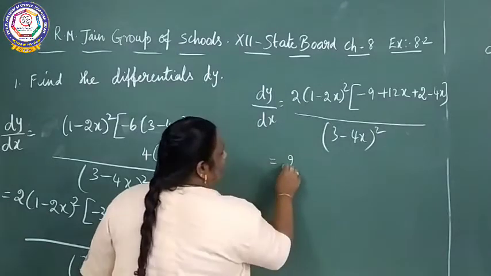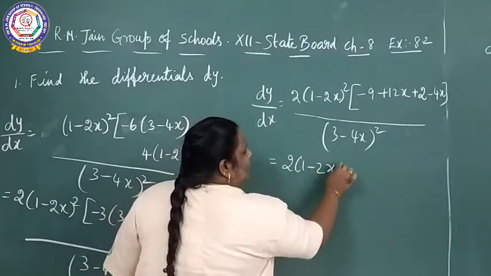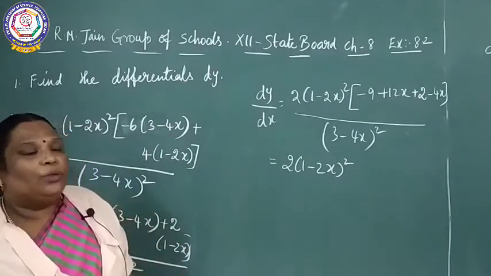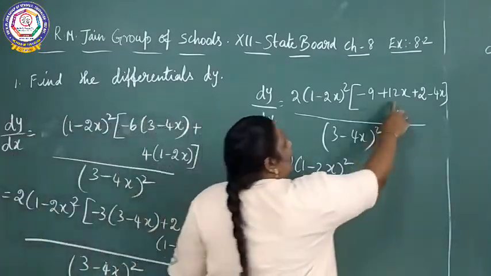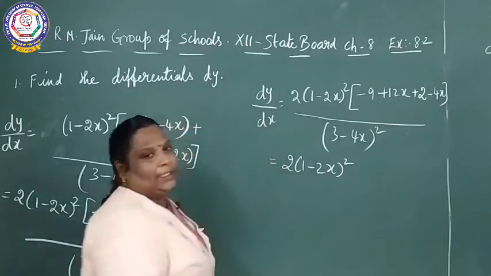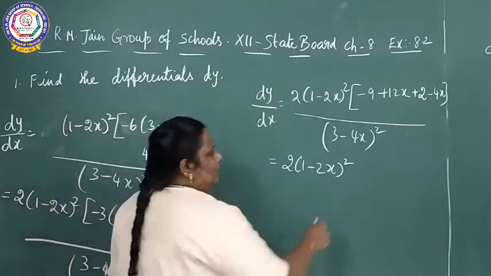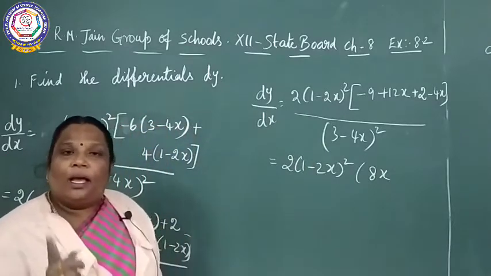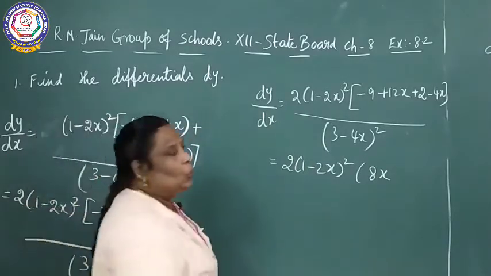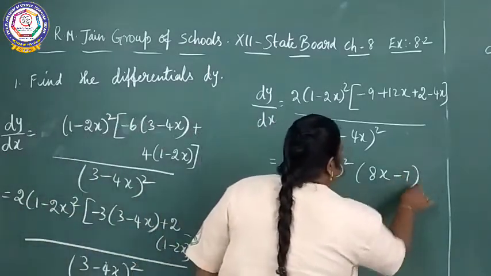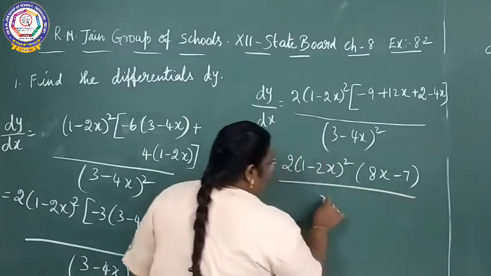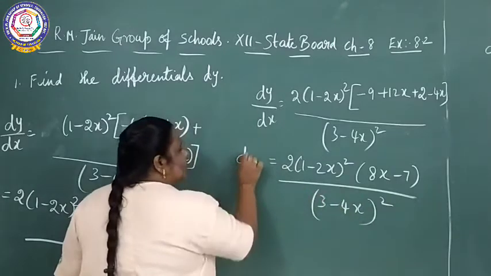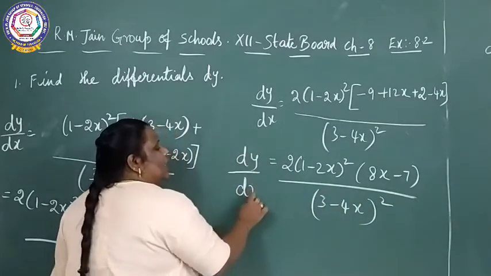It gives 2 into (1 minus 2x) the whole square into 12x minus 4x is 8x, minus 9 plus 2 is minus 7, by (3 minus 4x) the whole square. It is dy by dx.